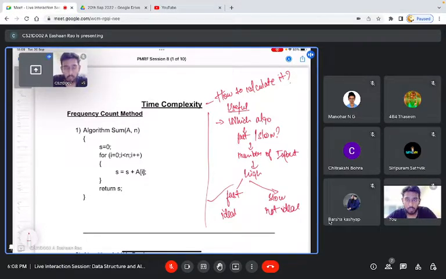Whatever the algorithm or program that you write, even in general while developing software, we always aim for the fast part, not the slow. For that we should get a rough idea, some approximation. Time complexity is basically an approximation of how a particular algorithm will work during execution time. That's why time complexity is a very important concept while learning about algorithms.